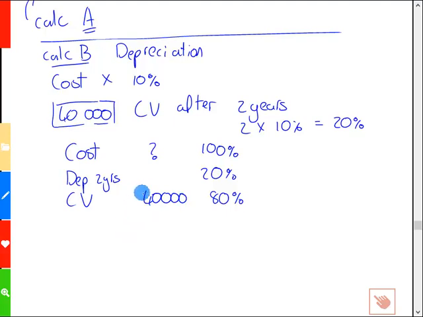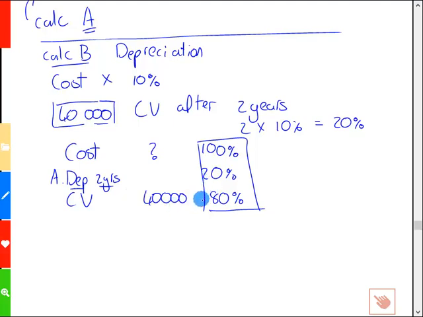Just by putting down the information that we have, we can find the answer here. So this is the ratio that we know that the cost, the depreciation, and the carrying value is going to be in. This depreciation would be the accumulated depreciation, because it is for more than just the current year.